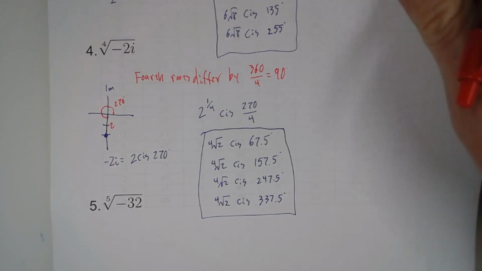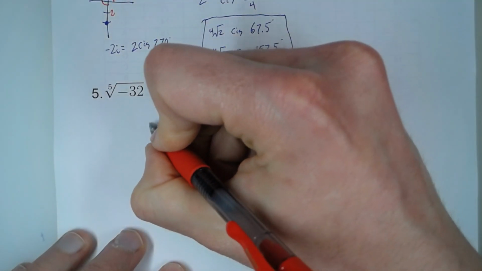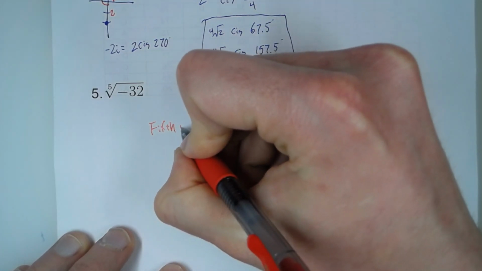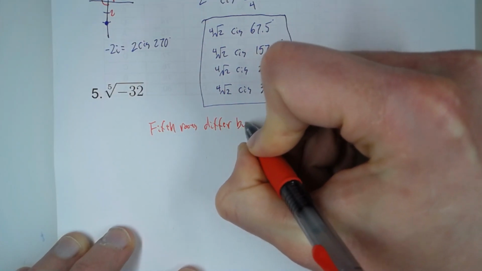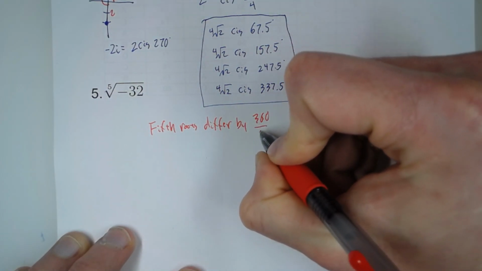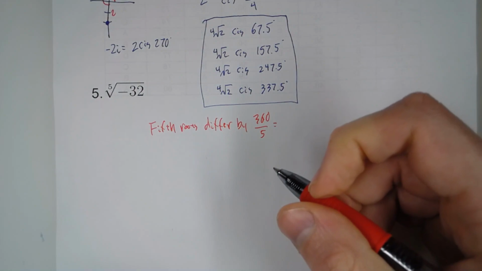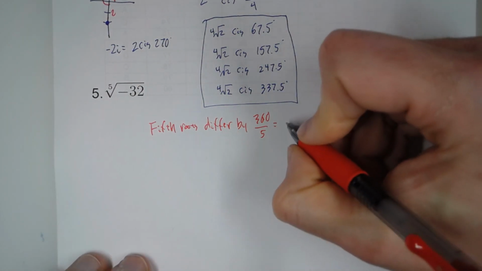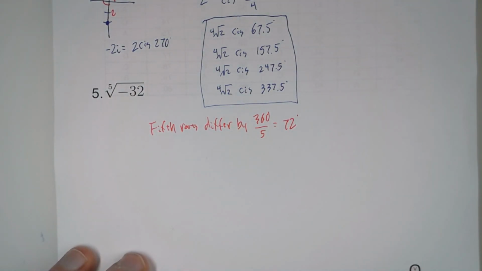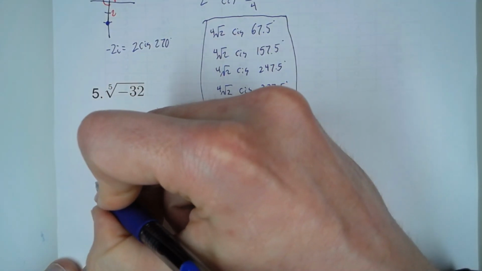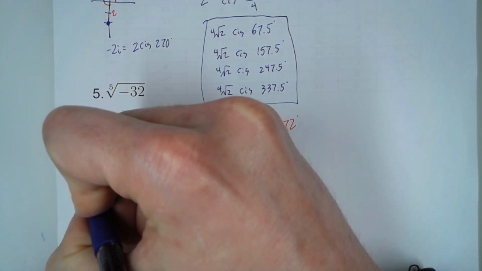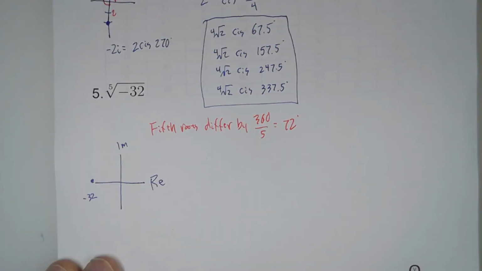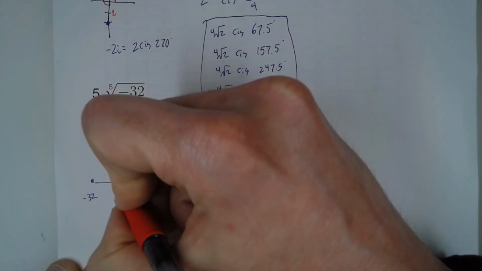Now for the last one, we have a 5th root. So 5th roots differ by 360 over 5, which is 72 degrees. So when we graph this on the real axis, it's going to be way over here, negative 32. I'm not going to label each individual point. That's way too far.